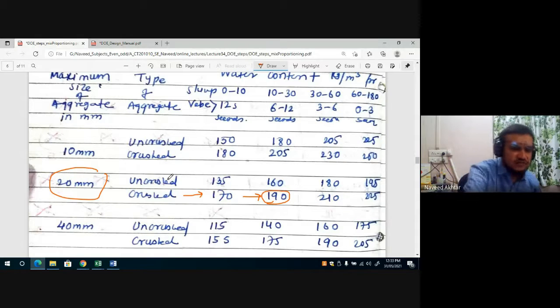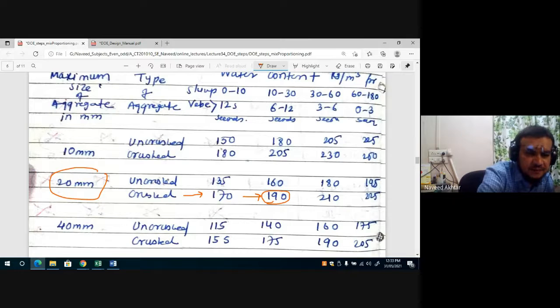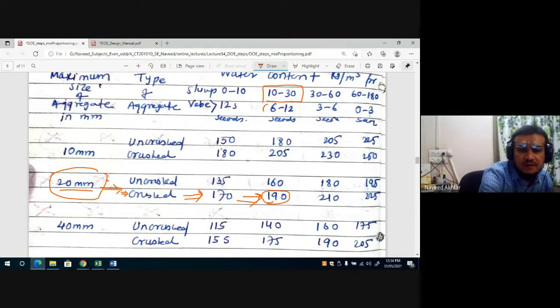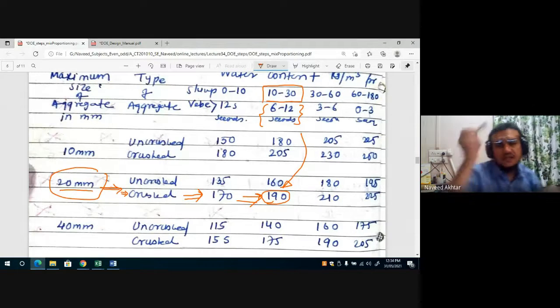So likewise you can find out. So if your aggregate size is 20 mm and it is crushed stone aggregate, and you are taking the slump between 10 to 30 or VB time 6 to 12 seconds, then your water content will be 190 kg per cubic meter.